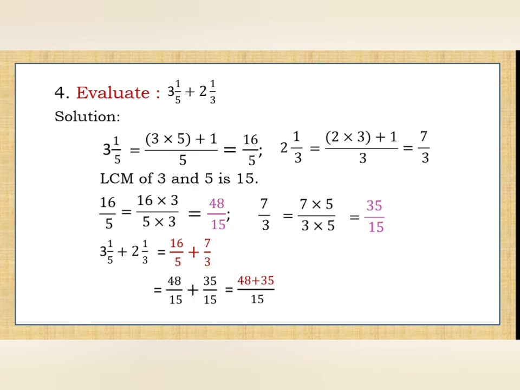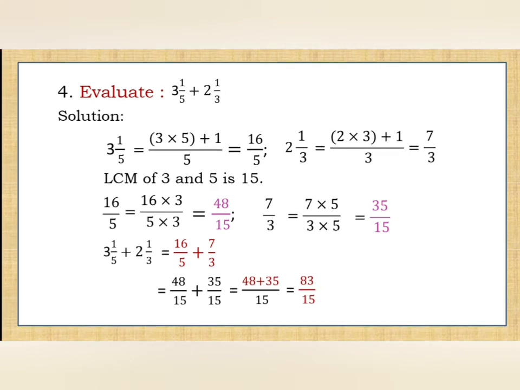That is 83 divided by 15. See here, 83 by 15 is an improper fraction. So we can convert it to a mixed fraction. That is equal to 5 8 by 15. Therefore, 3 1 by 5 plus 2 1 by 3 is equal to 5 8 by 15.